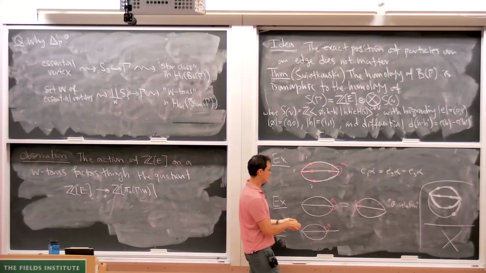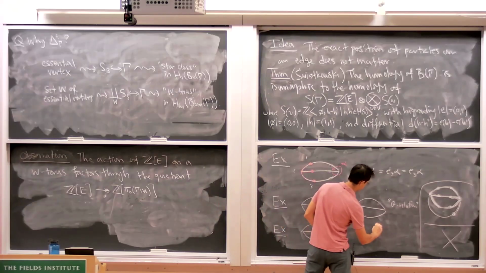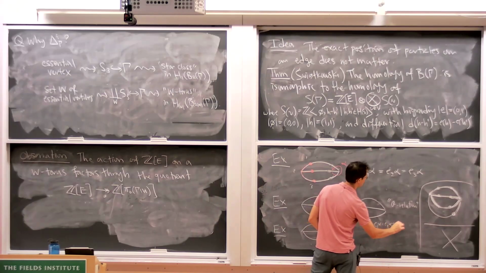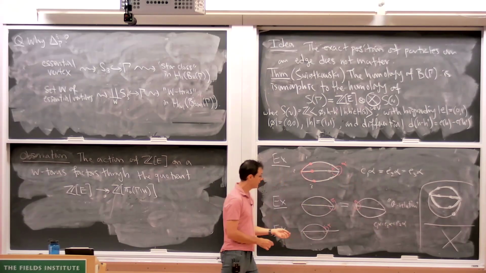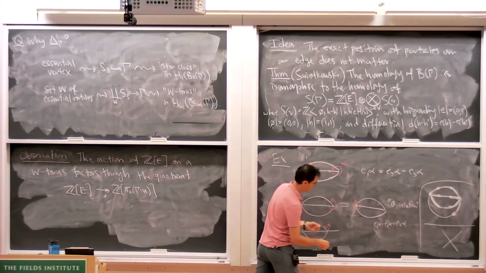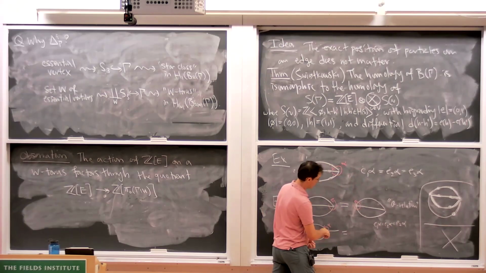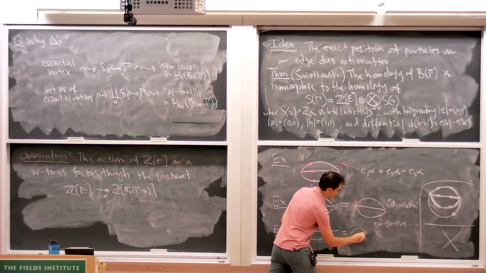Then for the same reason as before, we have E1 alpha is equal to E2 alpha is equal to E3 alpha, exactly as above. But then because of the theta relation, we're able to move this class over to this vertex.